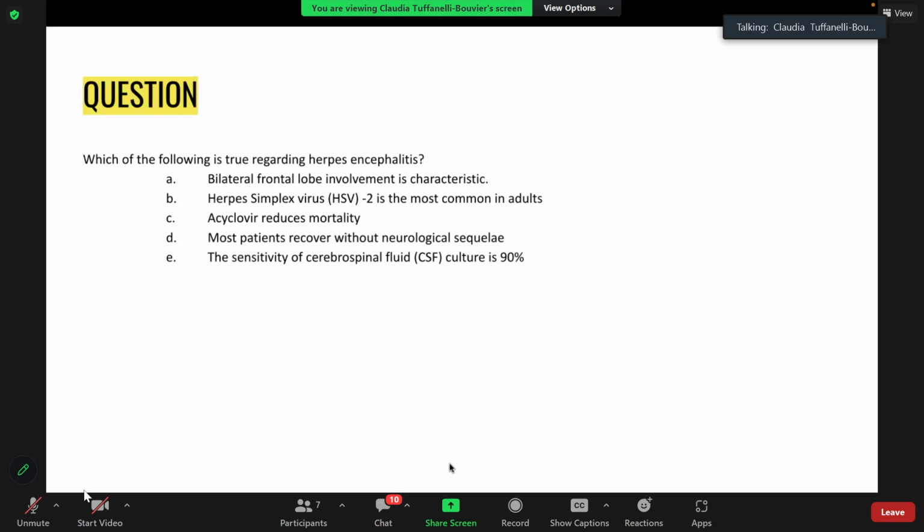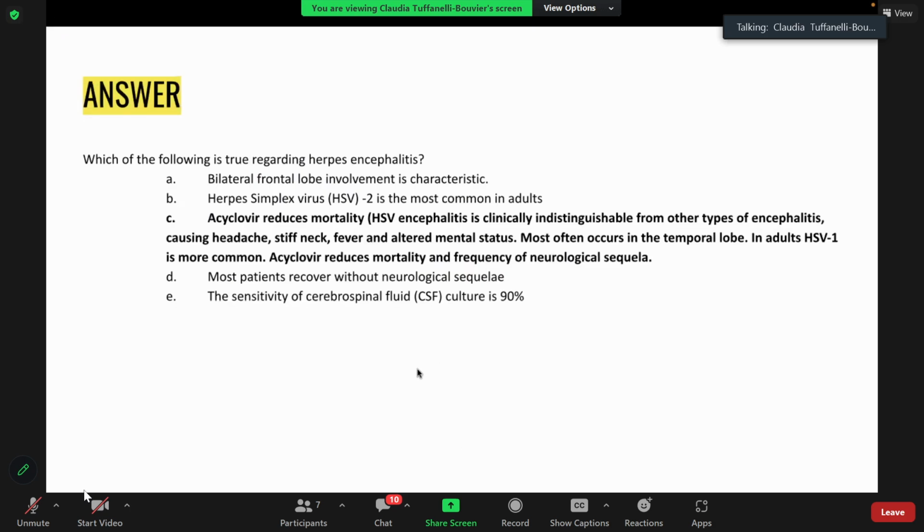Yeah, good. So this one, the answer is C, acyclovir reduces mortality. HSV encephalitis can be tough to distinguish clinically from other types. As we were just talking about, the headache, fevers, and altered mental status, and it'll most likely be in the temporal lobe, not the frontal lobe.